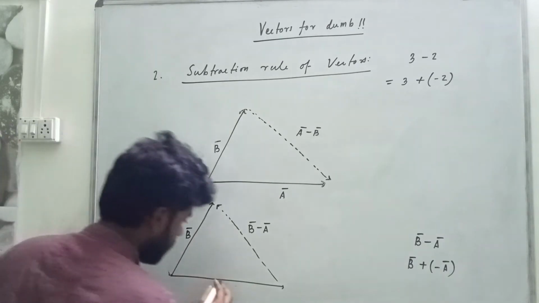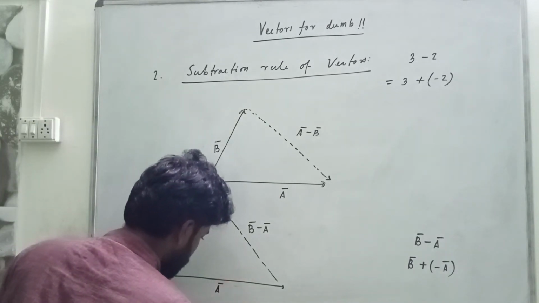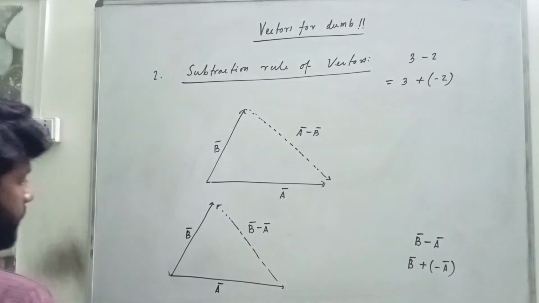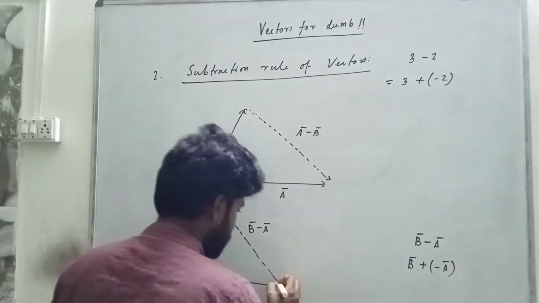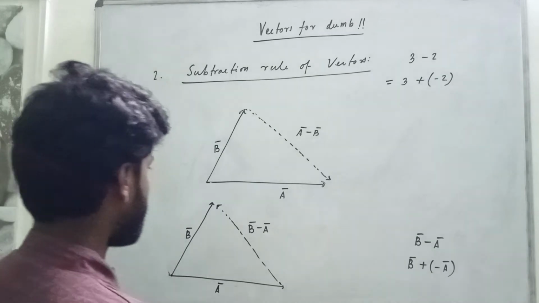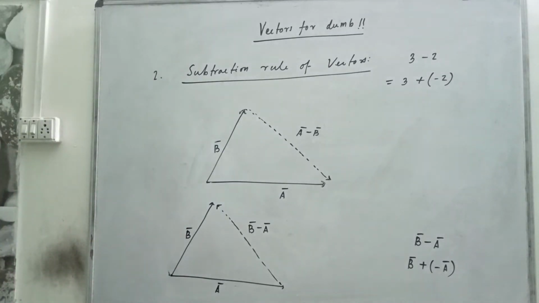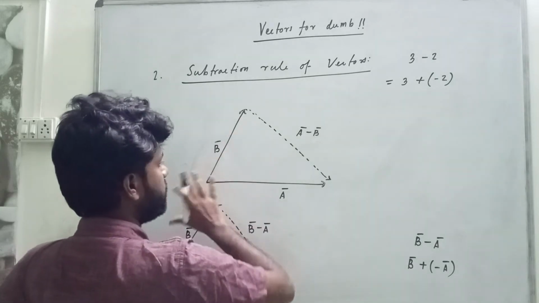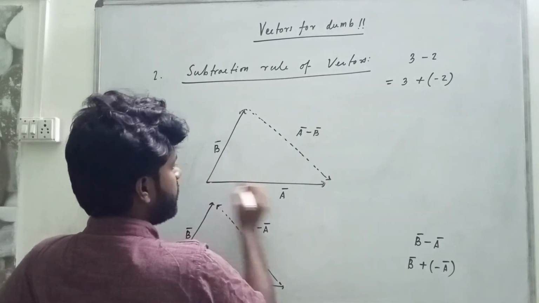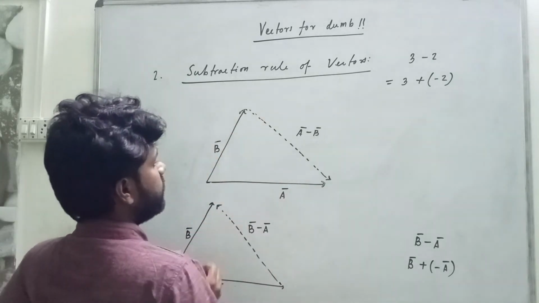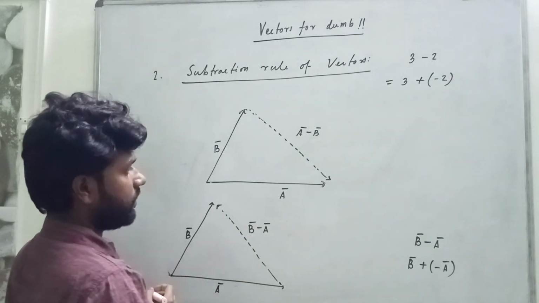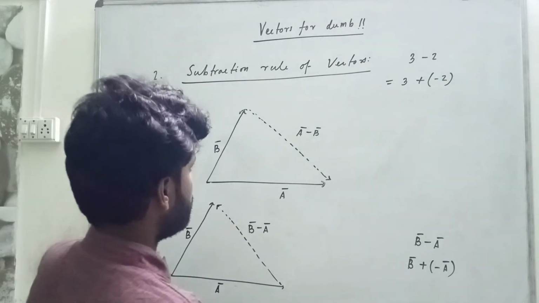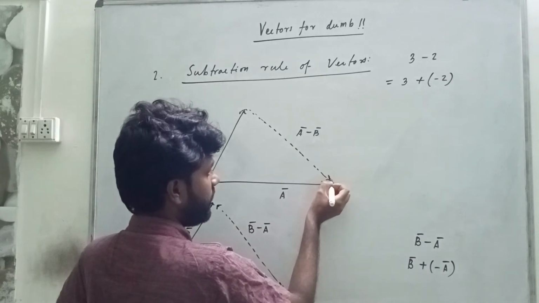Okay, so it is A. And just look at this stuff very carefully, right? The direction of the straight line, I mean the arrowhead. Okay, so if it is A minus B, if it is B, then the arrowhead of A minus B actually is directed towards A, right?